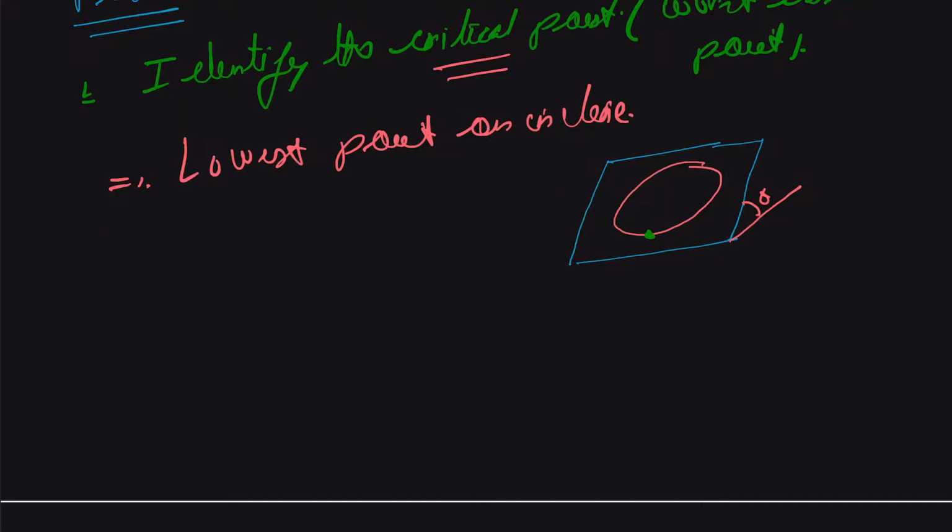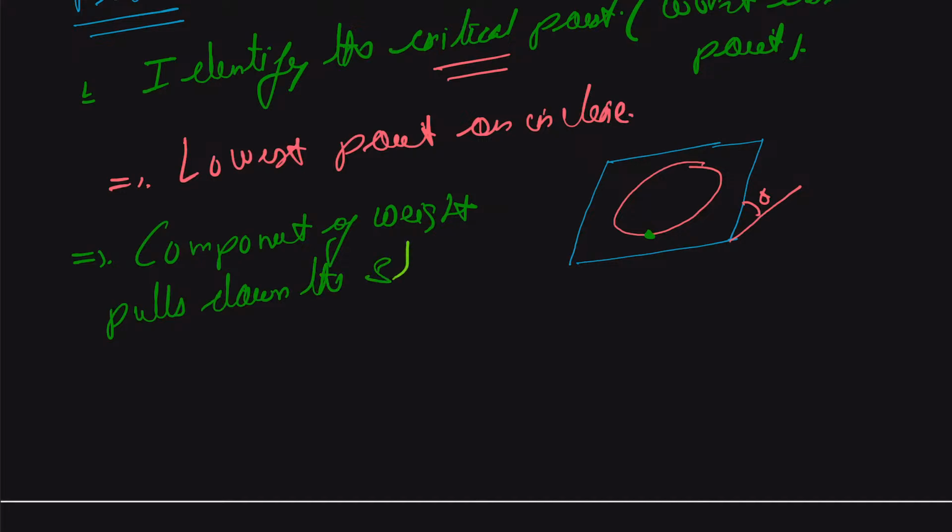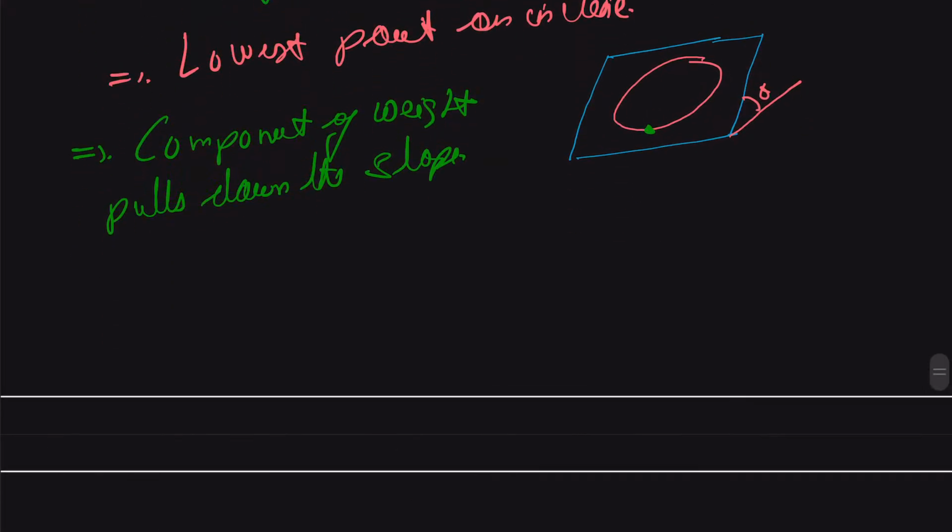So at the lowest point on the incline, we know that the component of gravity, the component of weight, pulls down the slope, and secondly, the centripetal force also lies down the slope.